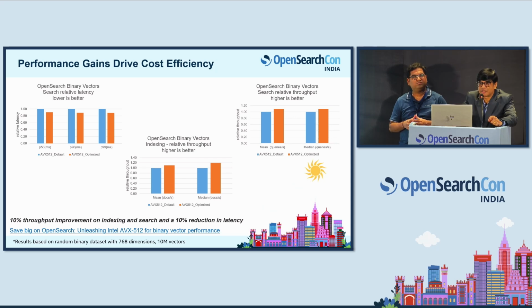Dimensions in a vector database is the number of elements in a vector, and 768 is a pretty standard dimension. It was tested against that, and it gives quite a significant improvement over the scalar pop count.